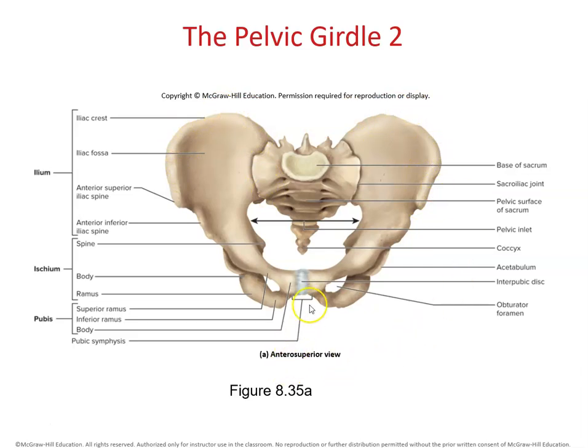And here is the pubic symphysis in the front. So your SI joint, your sacroiliac joint, is here and here, where those coxal bones are articulating with the sacrum.